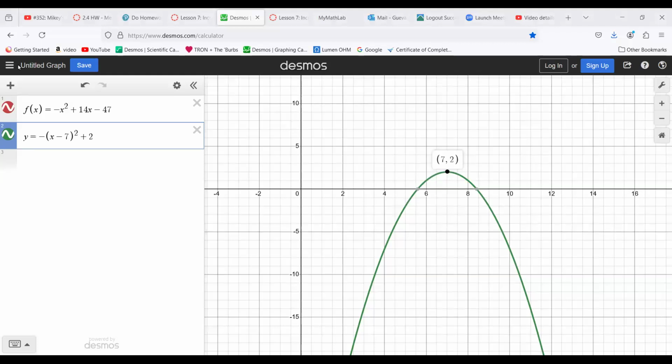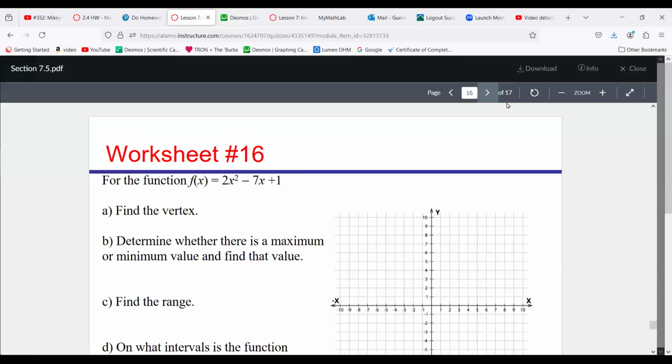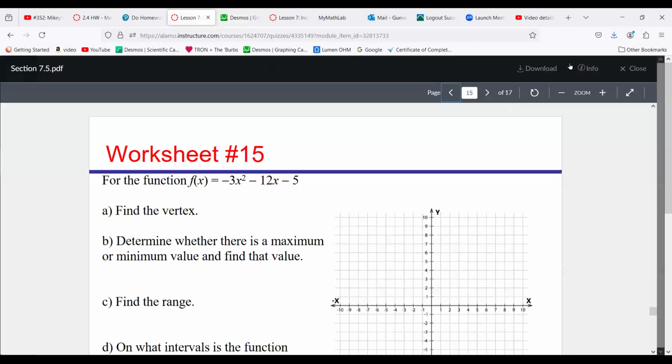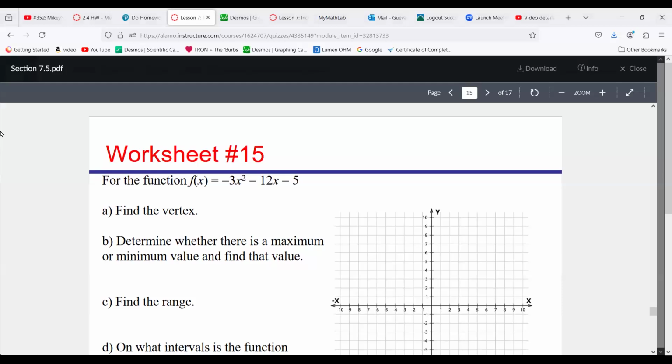As you see, both equations are giving you the same graph, so they are graphing the same line.